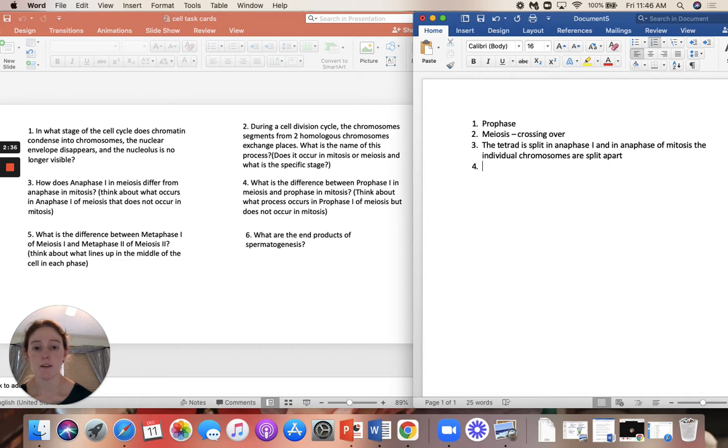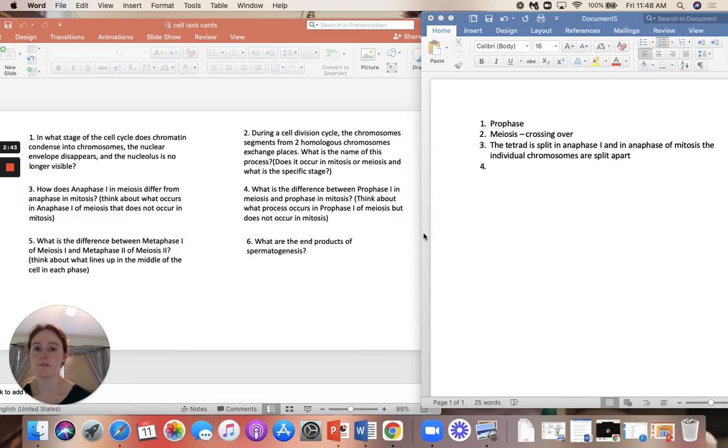Think about what process occurs in prophase 1 of meiosis but does not occur in mitosis. So in prophase 1 of meiosis, the tetrad is going to be lining up. In prophase and mitosis, the tetrad doesn't line up or anything like that.